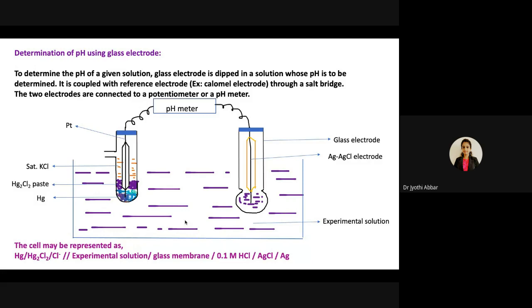In laboratories, that is quality control laboratories, if they want to find the pH of any kind of solutions, they'll use this kind of method. Even our drinking water, you can use to check what its pH is. We all have ROs in our homes, right? So we can check what the pH is.